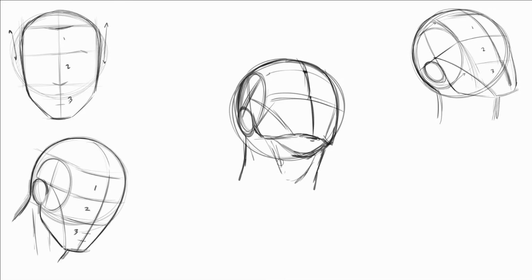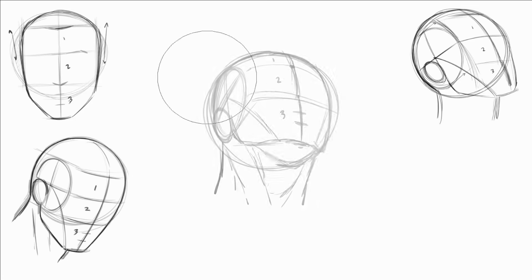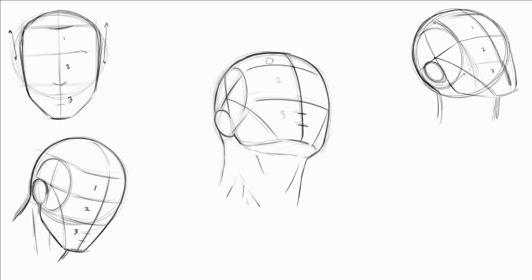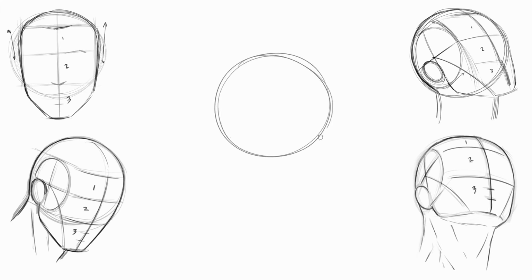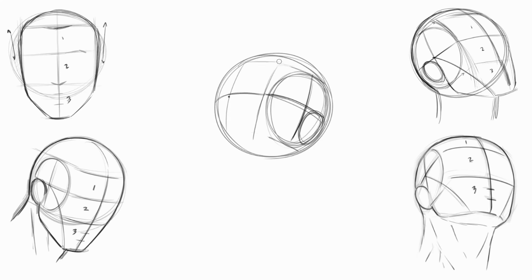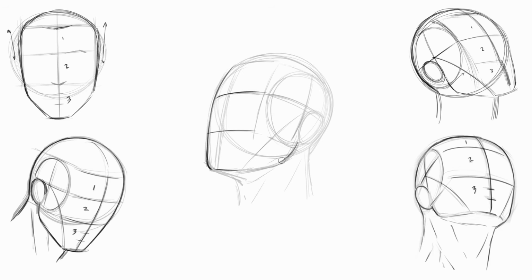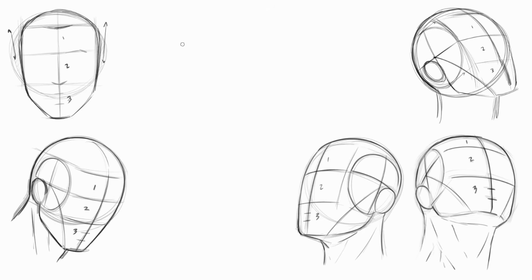So at first we're going to draw all these very boxy and very basic in a primitive way, just so that we can really understand how to tilt it and get the variety to the head shapes that we're looking for. So things like up tilts and extreme down angles become a lot trickier to do. So you want to really just focus on the basics here, just the separation of the three areas of the face, the plane change, and then drawing a simplified representation of the cranial mass and the placement of the ear.